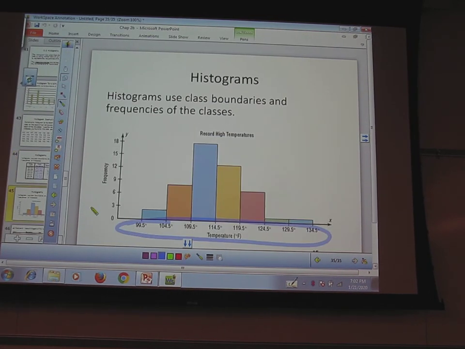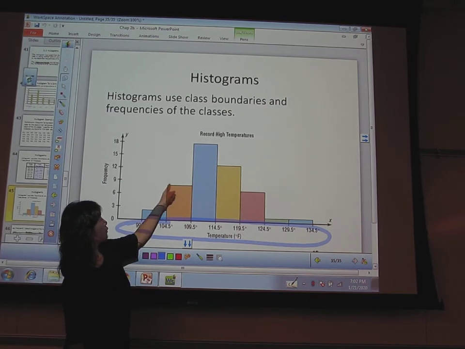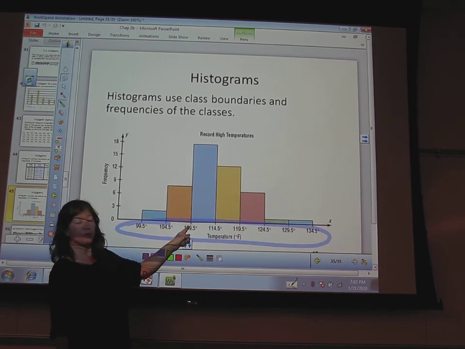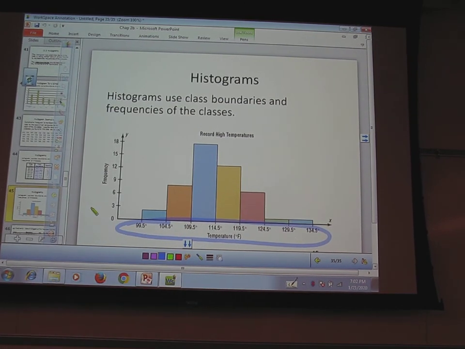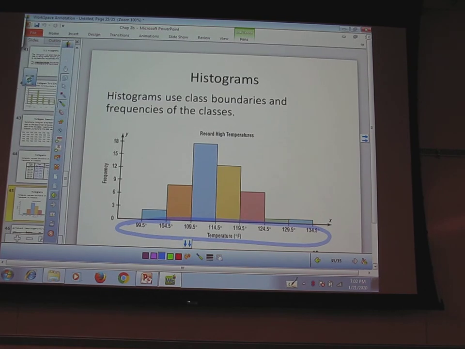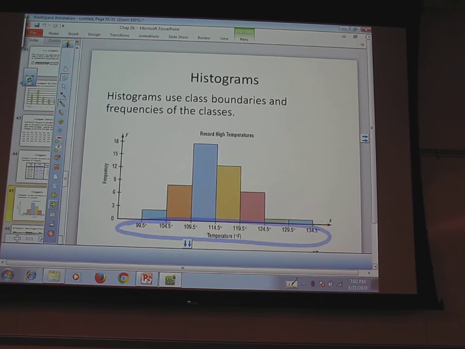And then 18. So from here to here is my second class, frequency of 8. Good. Third class, 109.5 to 114.5, has a frequency of 18. That's this one right here. 109.5 to 114.5, frequency of 18. So from here to here, you've got that.